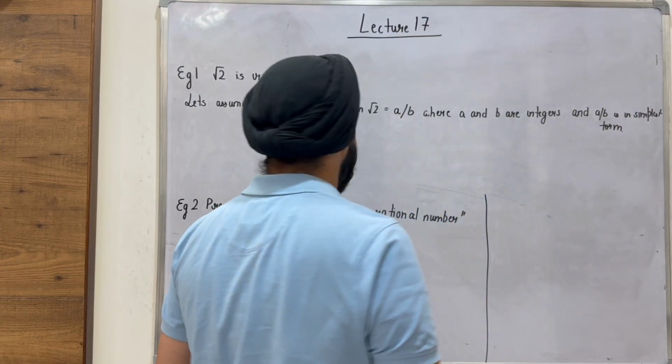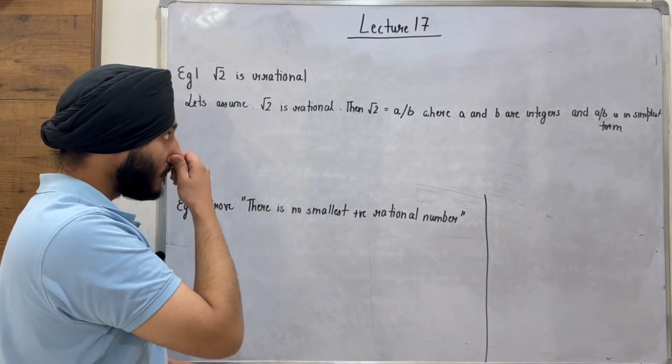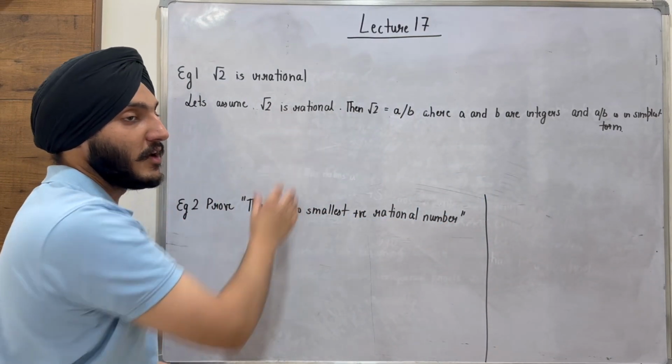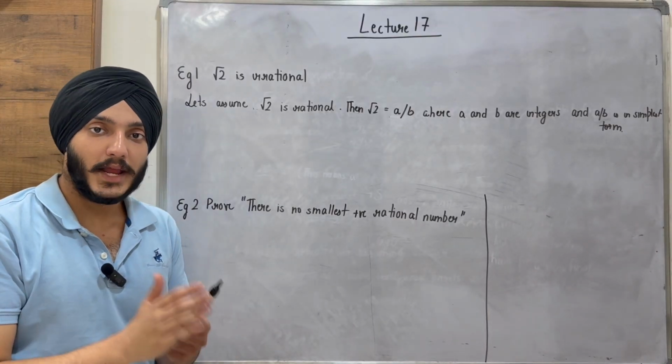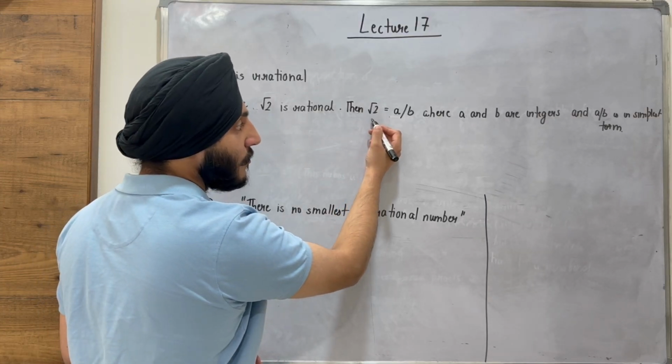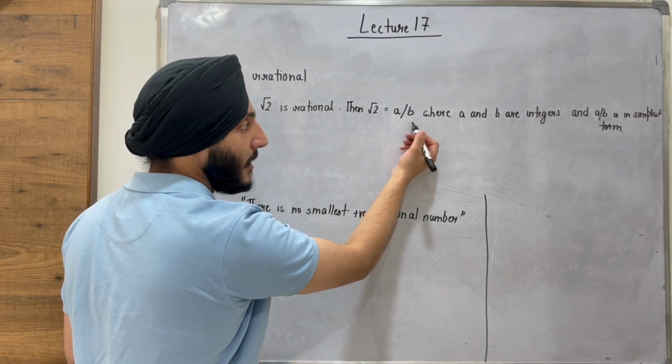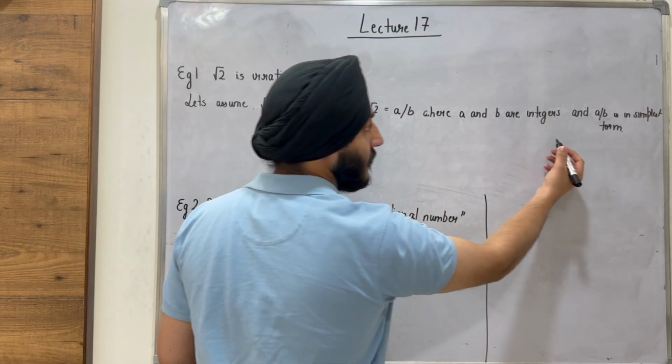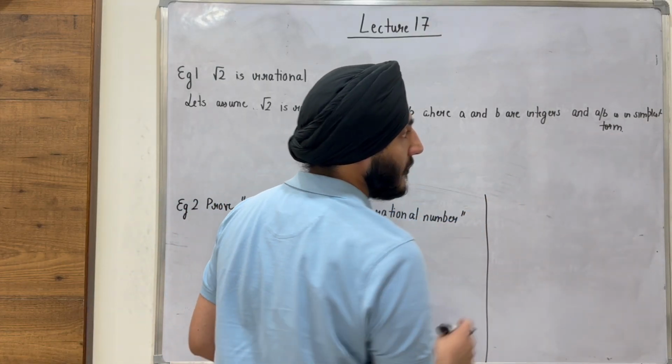Okay. Let's try to understand this statement. I made the assumption that square root of 2 is rational, right? And rational numbers have some form a by b, right? So what I did is I say that then square root of 2 has to be of some form a divided by b, where a and b are integers and a divided by b is in the simplest form.